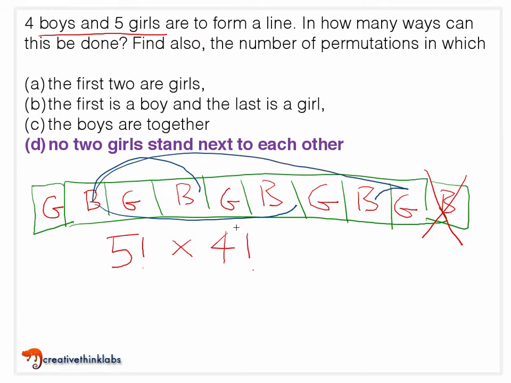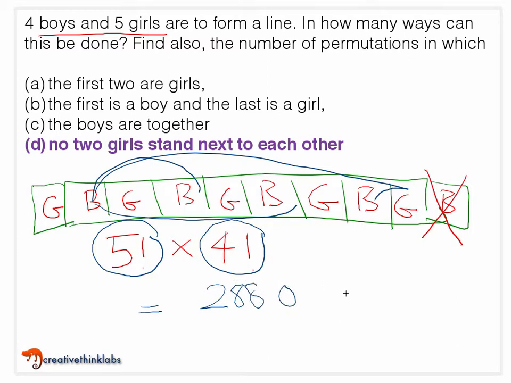That means just the arrangements of the boys there's a permutations of 4 factorial. And similarly for the girls, there's a permutations of 5 factorial. So when we multiply these two, we get 2,880 ways.